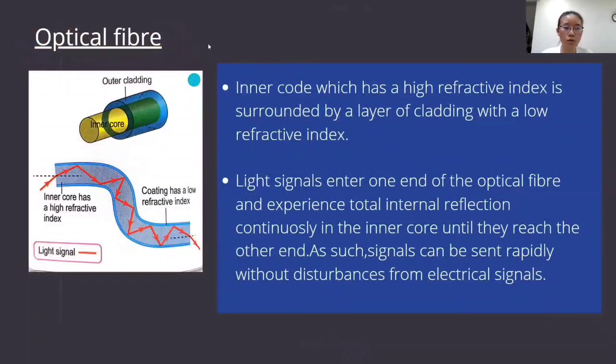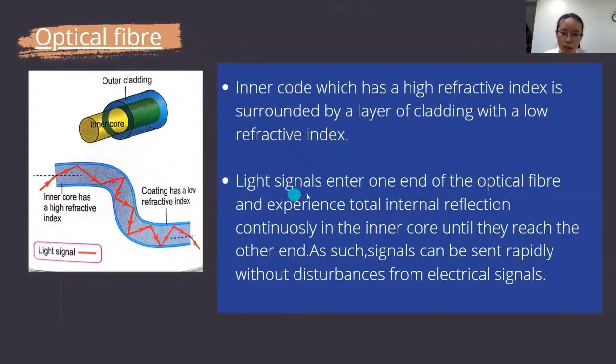Okay, now we look at the optical fiber. The optical fiber is usually used in telecommunications. Okay. The inner core, which has a high refractive index, is surrounded by a layer of cladding with a low refractive index. So the inner core has a high refractive index and the coating has a low refractive index. So it allows the light to undergo total internal reflection inside.